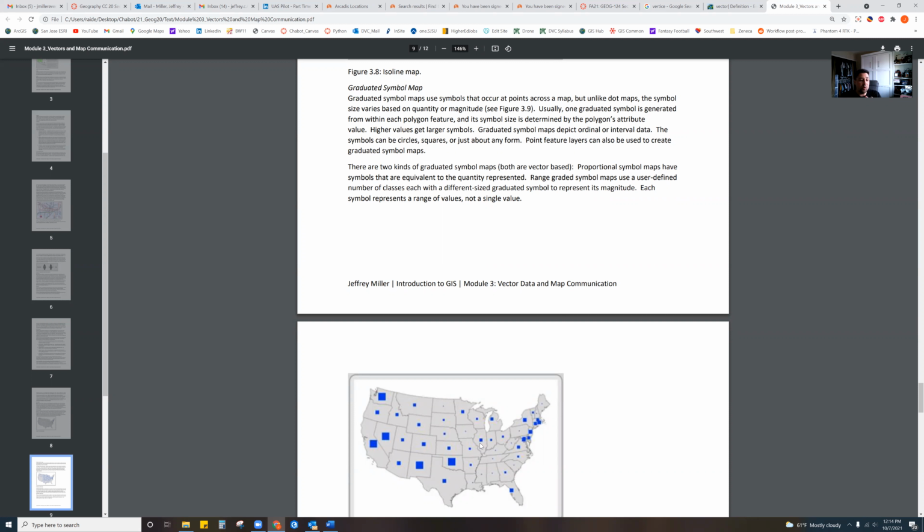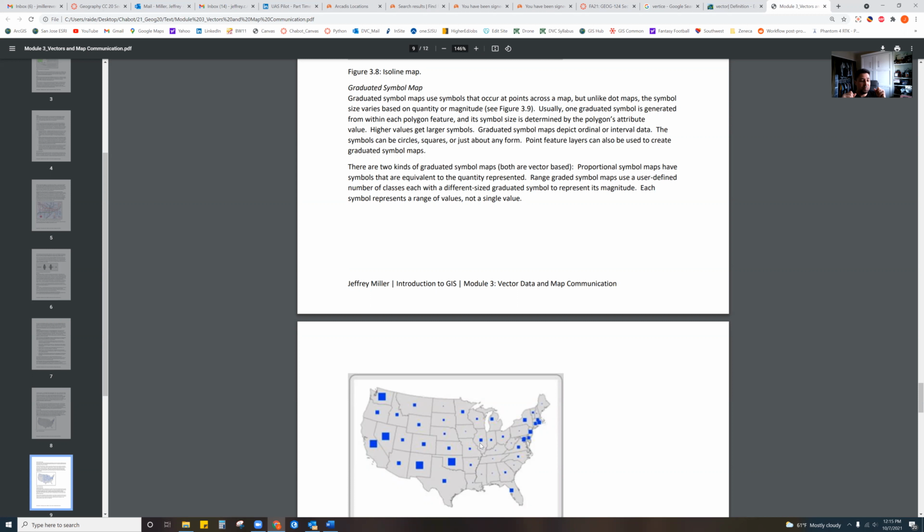But what we've done now is say that the amount of those fast food locations is represented by the size of the dot: the bigger the dot is, the more fast food locations there are, in a simple way of describing that.